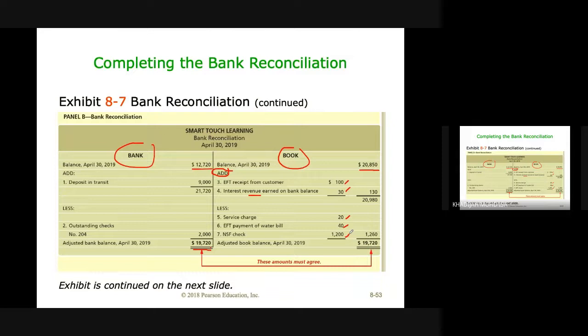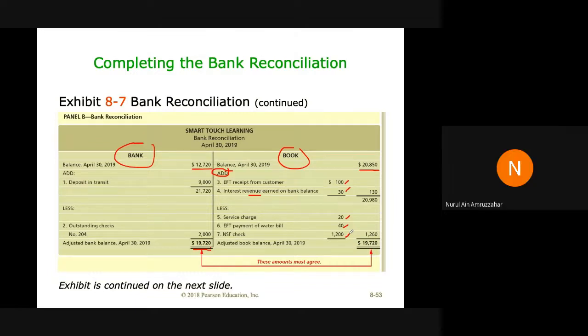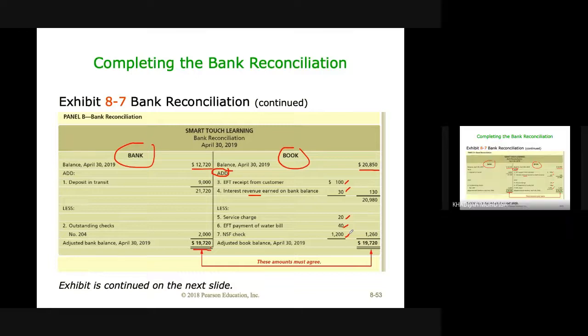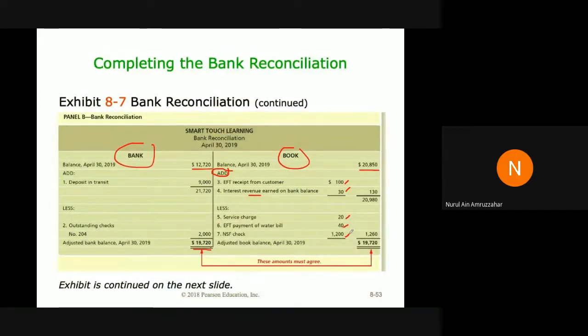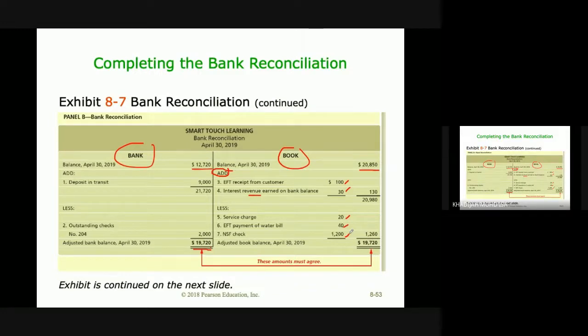Why is it minus? Anyone can help me why you minus your not sufficient fund check? I think because first when we receive the check, we debit, and in this case we actually receive the check from the accounts receivable, from your customer, isn't it?